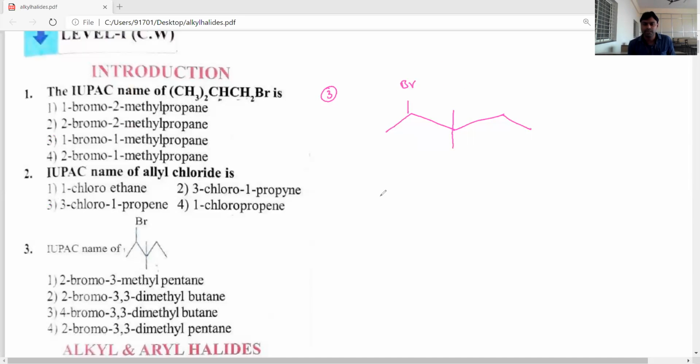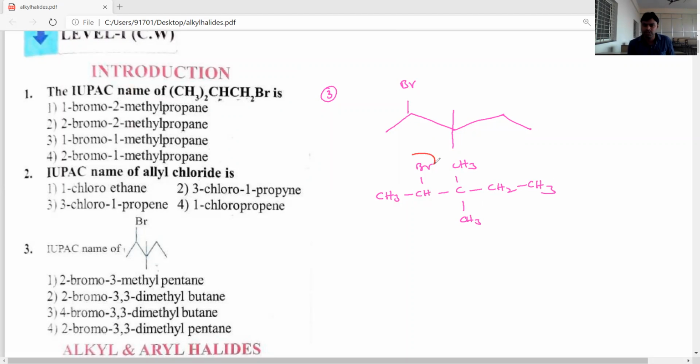Now it is nothing but CH3 bond CH bond Br bond C, which has two substituents, CH3 and another CH3, connected with CH2 bond CH3. This is the complete condensed formula, condensed representation. Now its IUPAC nomenclature we need to write.